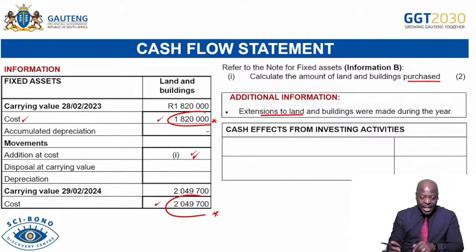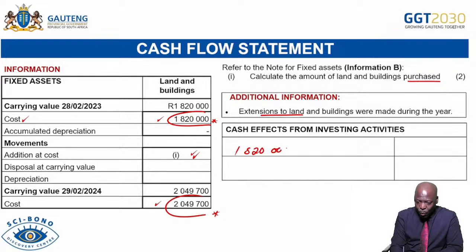So I'm going to calculate 1,820,000, which is what we had at the beginning, minus the 2,049,700, which is what we now have at the end.